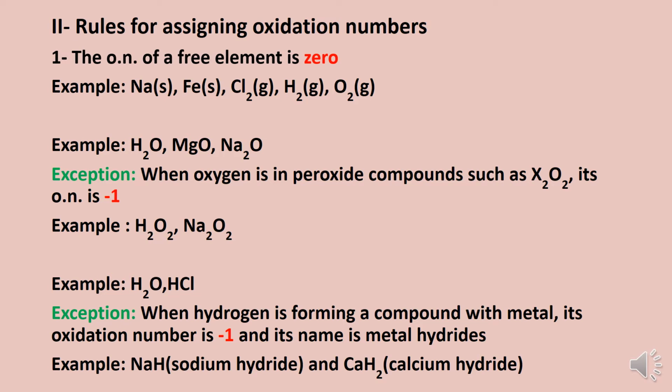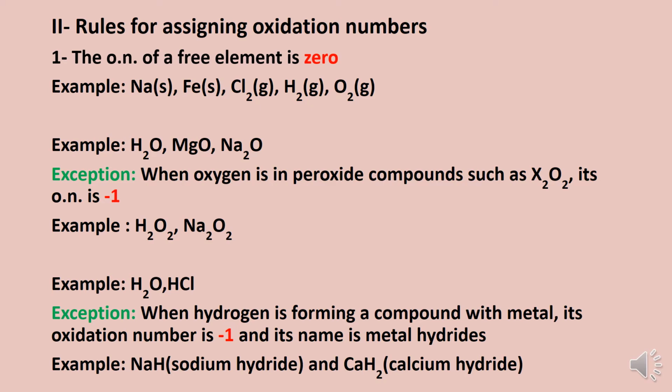Similarly, for Fe solid, the oxidation number is 0. For Cl2 molecule, it is also an element that consists of two atoms of Cl, so its oxidation number is also 0. Similarly for H2 gas and O2 gas.